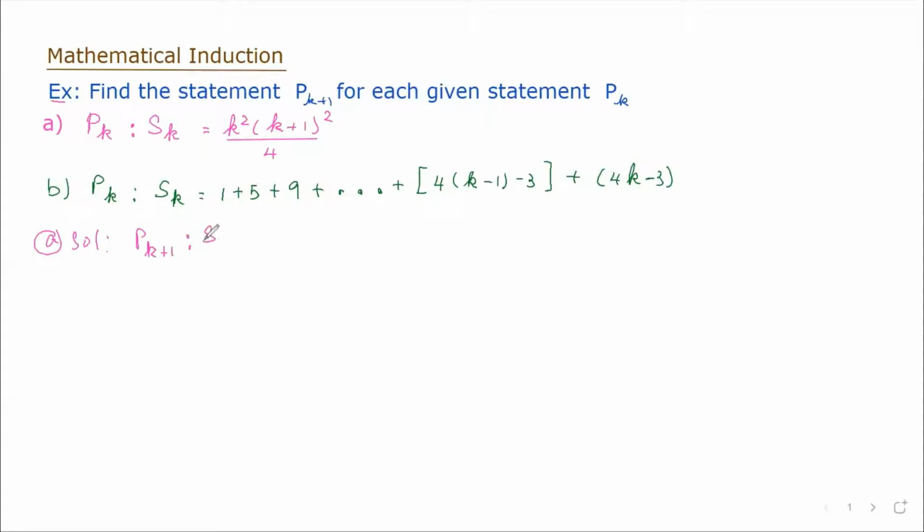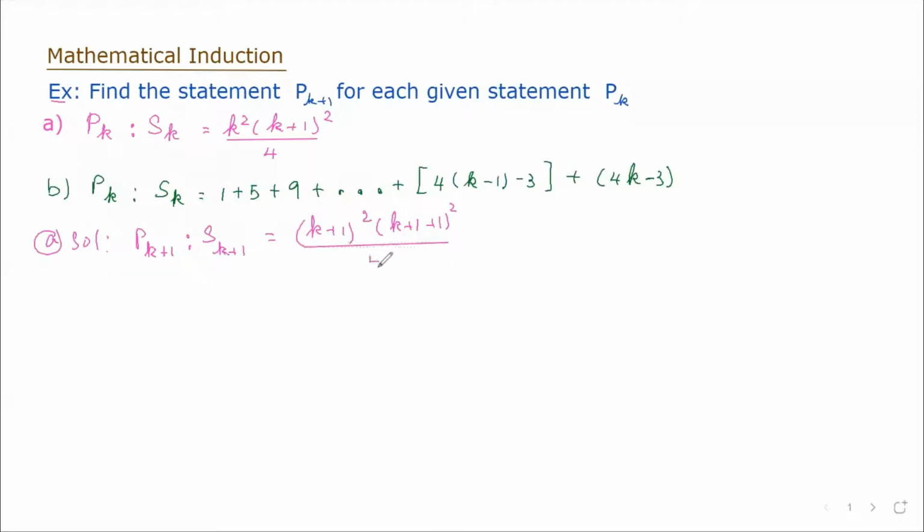S means a sum, a series. So it becomes k plus 1, the whole thing power 2, and this one becomes k plus 1 plus 1, the whole thing power 2, over 4.